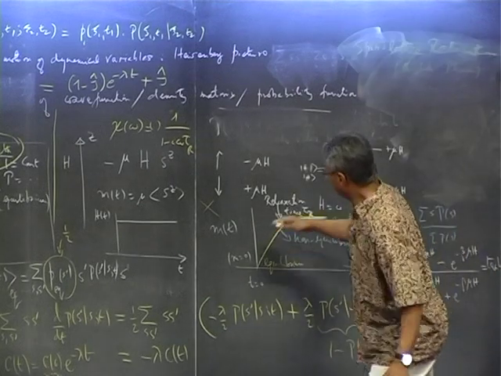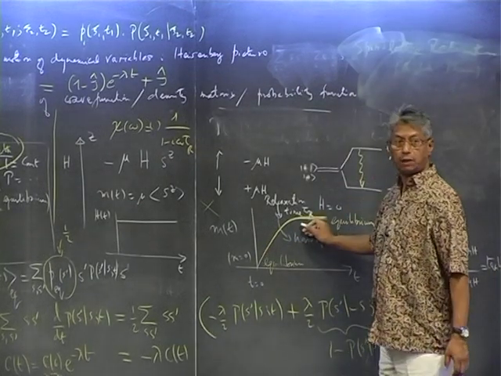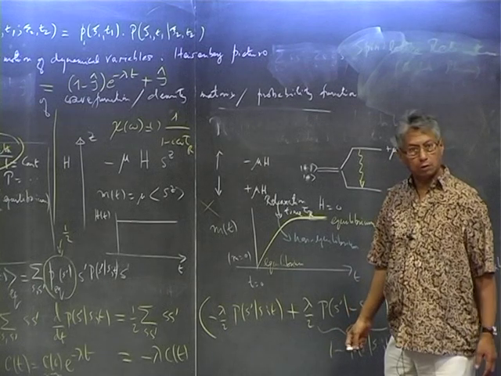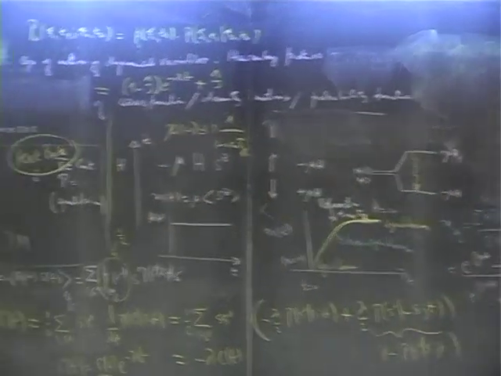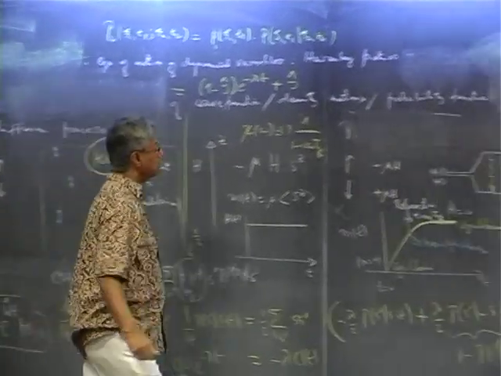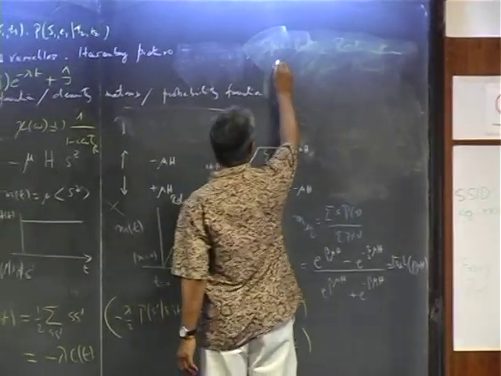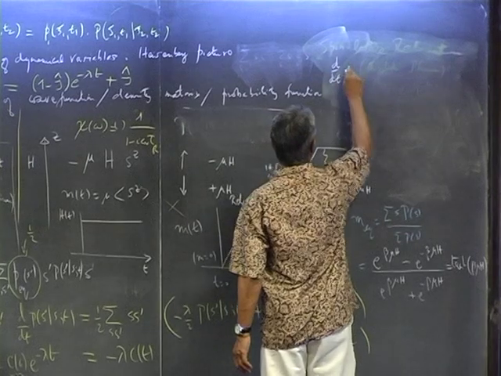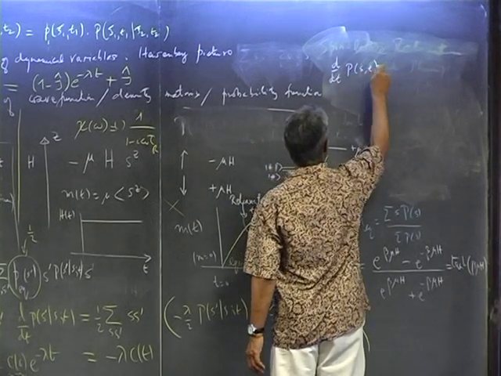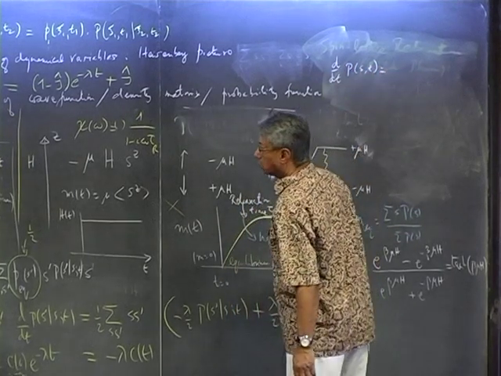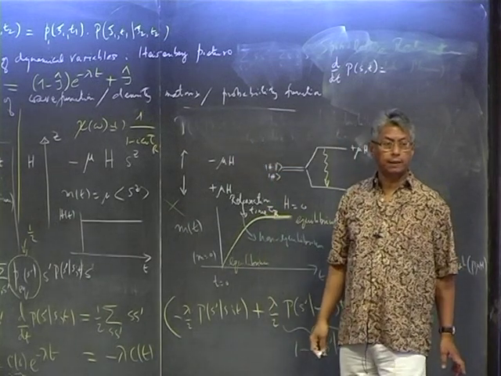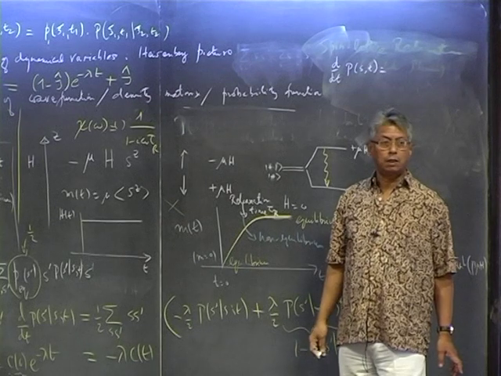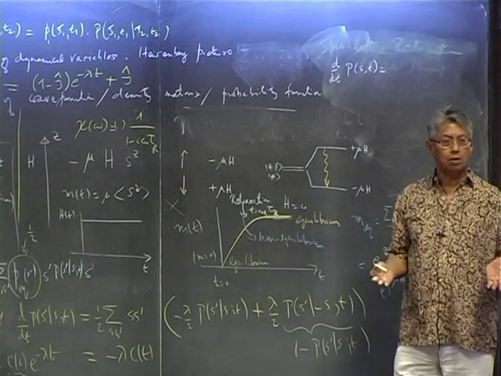So now I am in this situation, I've switched the magnetic field on. And you ask the question, how does the master equation, or the rate equation, now look? Unlike the previous case, the lambdas are not the same.